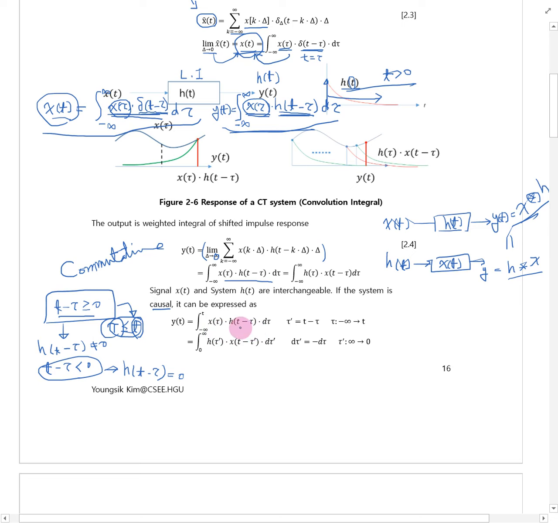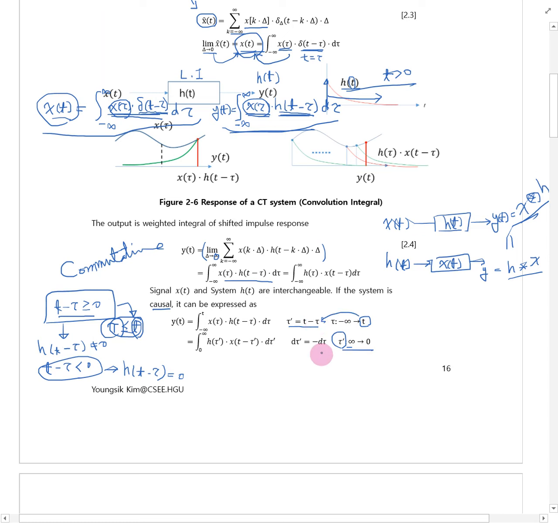In these systems, we can use the change of variable, t minus tau replaced by tau prime. We know that tau changes from minus infinity to t. Then tau prime, replacing minus infinity, becomes infinity, and up to t, replacing tau, tau prime goes to 0.